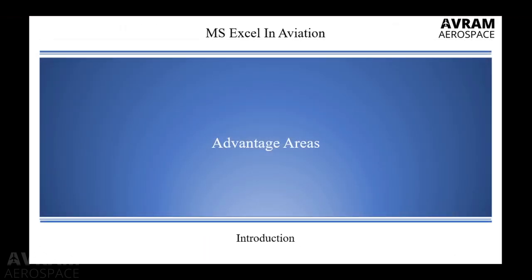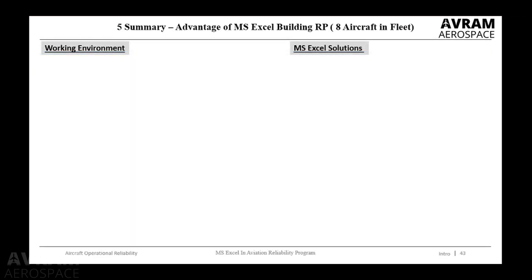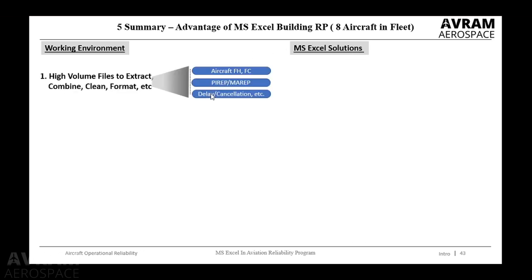What are the advantage areas? So we have two parts, two windows. In one, we are going to write down the working environment, and in the second one, what the Excel solution is.